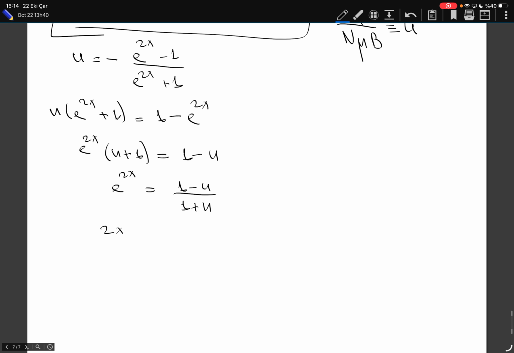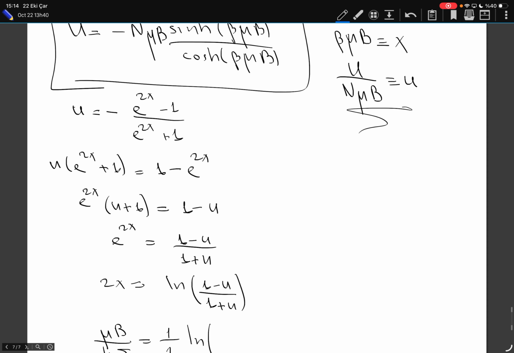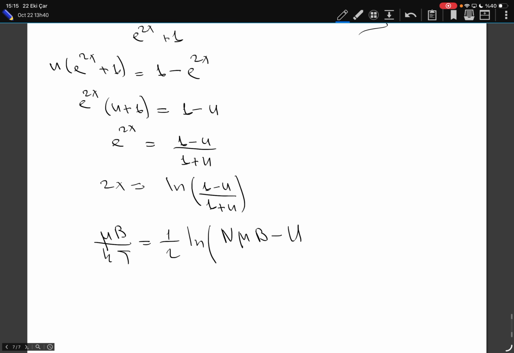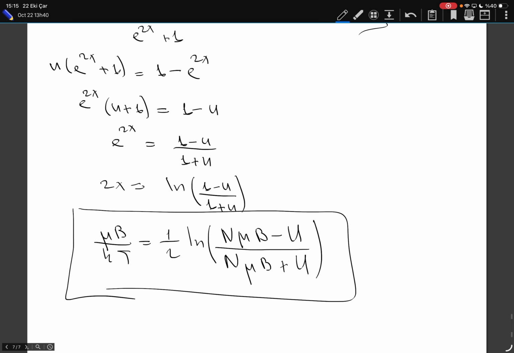So 2x is the logarithm of 1 minus u divided by 1 plus u, or x, which was mu B over kT, is equal to 1 over 2 logarithm of, remember this is the definition of u, so if I put it over here, N mu B minus the energy divided by N mu B plus the energy of my system. So this is how the temperature changes with energy.